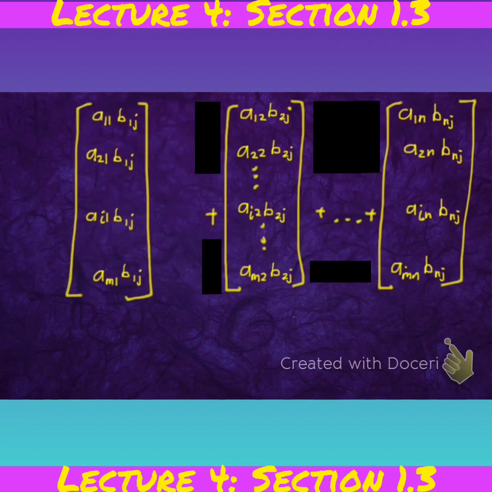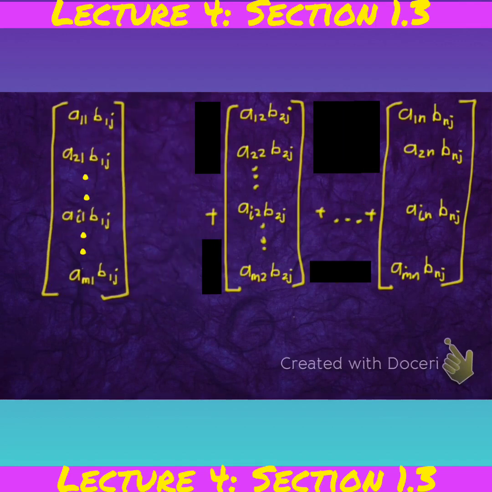So we can take that expression on its own and modify it slightly. You can see in that first column vector there's a common scalar term in each of the rows, which is the scalar B1j. So we can take that out, and that becomes a single scalar that we multiply with the first column vector.